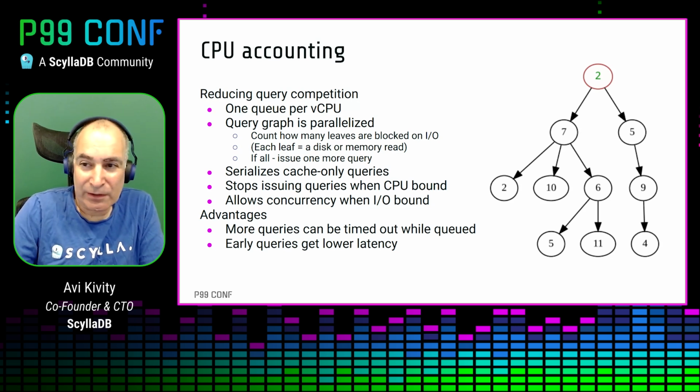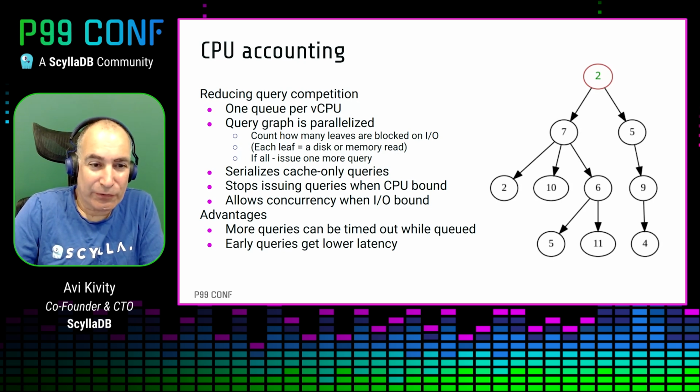So we realize that the query is constructed in a sort of graph where we have a number of subtasks that are needed in order to accomplish the query. And we track each of the nodes in this graph. And for each node, we check if we are blocked on CPU or on disk, or if not.